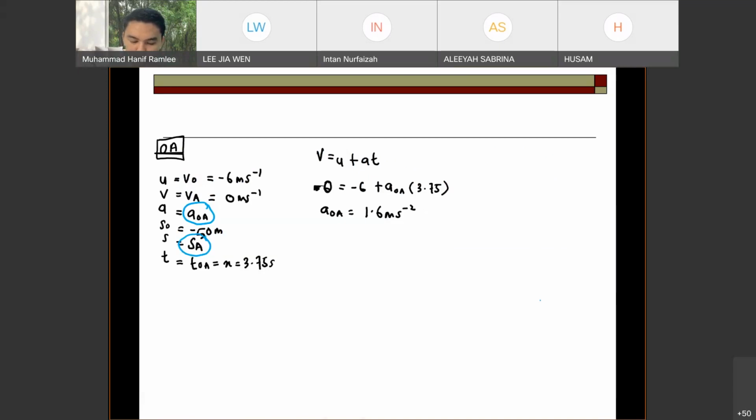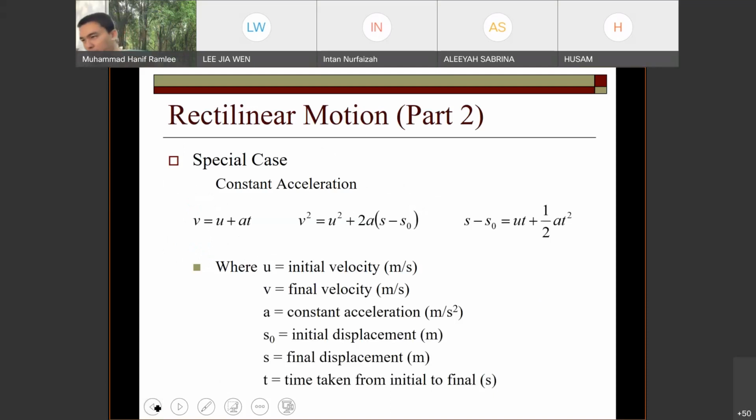So this is your value, and then you have to find SA. My question is, which equation do you have to use to find SA? The second one, sir.